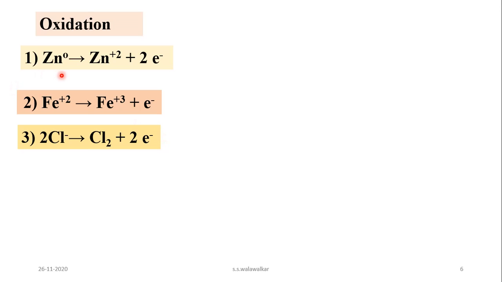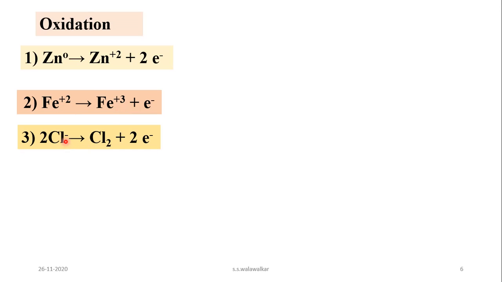Another point about this: here zinc has oxidation number 0, and when it loses electrons, its oxidation number is increased from 0 to +2. Or see the second example, Fe+2 ion. When it loses electron, its oxidation number is increased from +2 to +3.